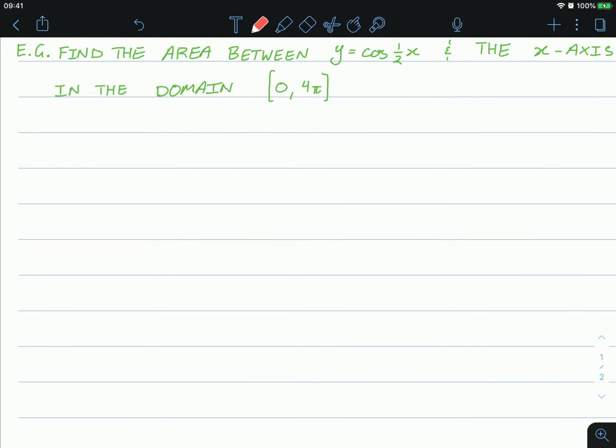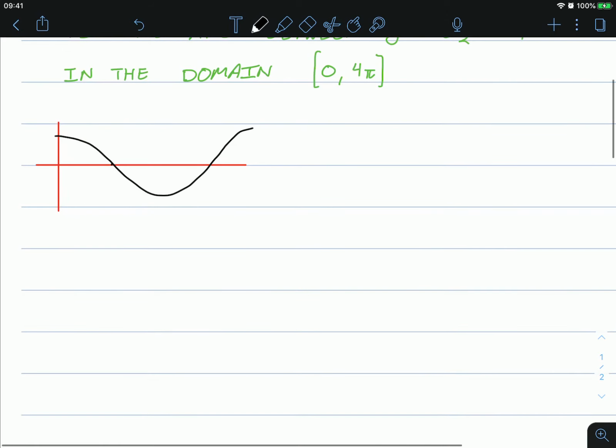While it's not always entirely necessary, it's best that we even just graph or sketch the function that we are going to be integrating or finding the area of. Let's first recall the original function of cosine x.